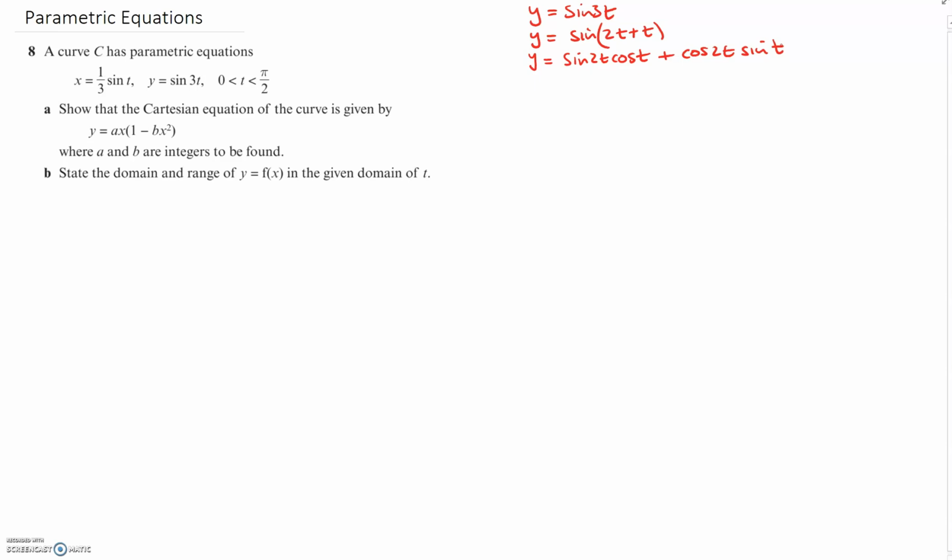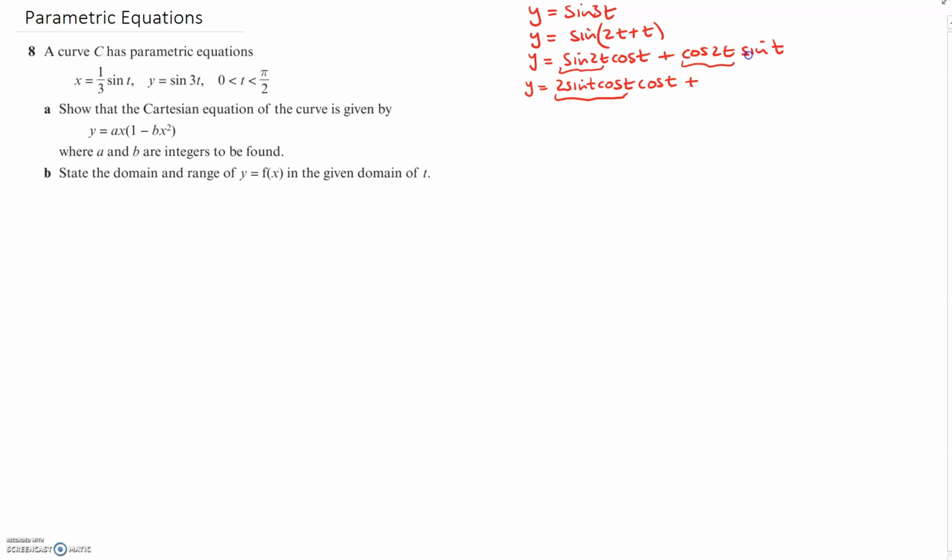First thing I notice is that I've got sine 2t here, which I can use the double angle formula on. It's going to be 2 sine t cos t, so that's the double angle formula bit, and then that's times another cos t.